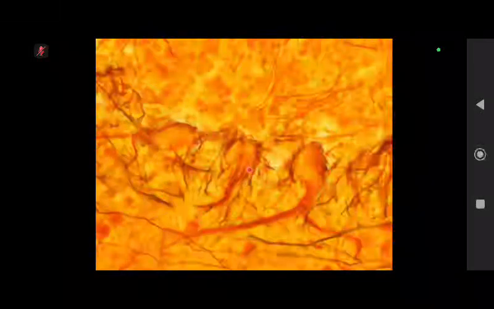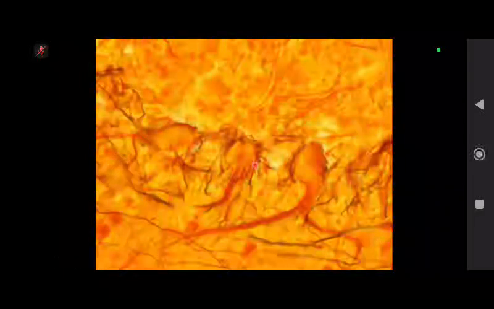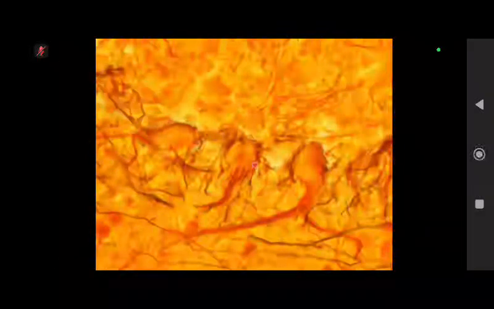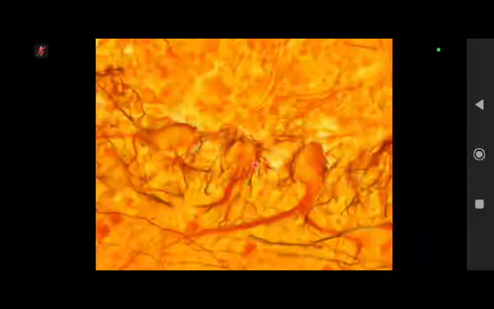So a single axon of the basket cell breaks out to form several dendrites that come to the base of the Purkinje cell body, like a basket, almost around that base of the Purkinje, and synapse with it.